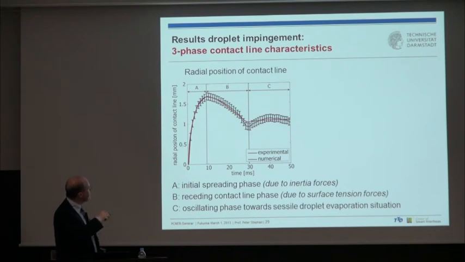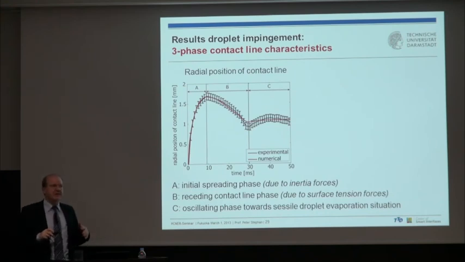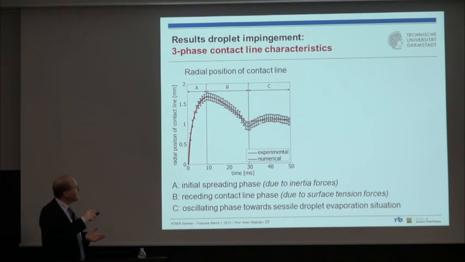This is inertia force dominated. Then the surface tension forces are dominating, and it recedes again. Then you have a small vibration, let's call it, until it reaches not a steady state, because it's still evaporating, but the sessile droplet situation.